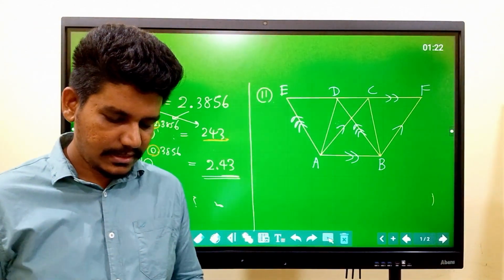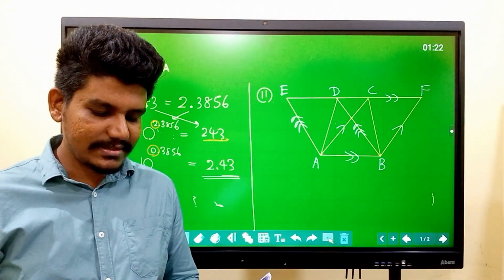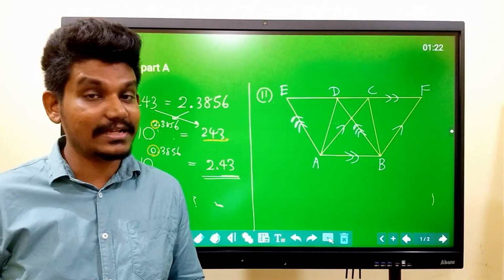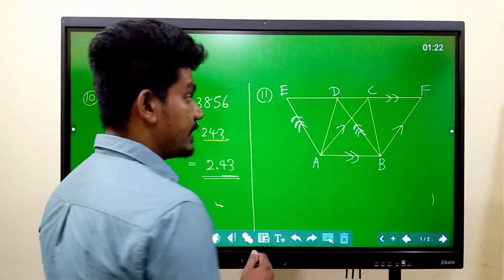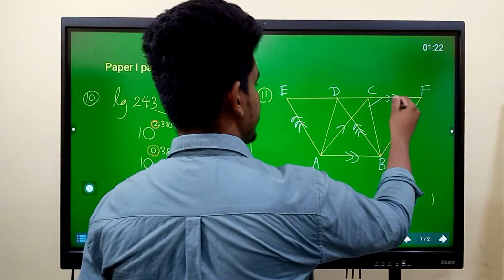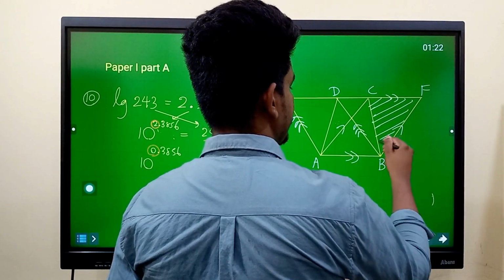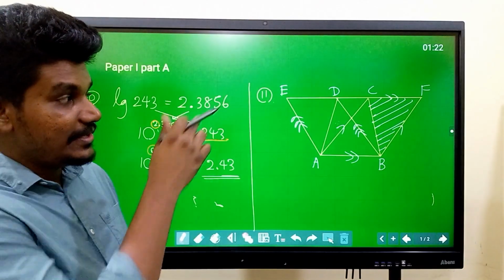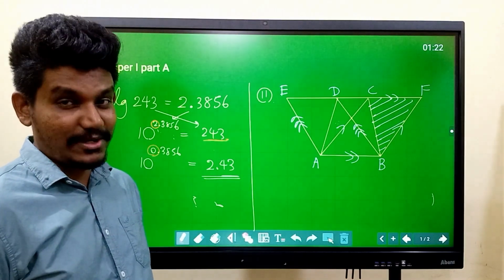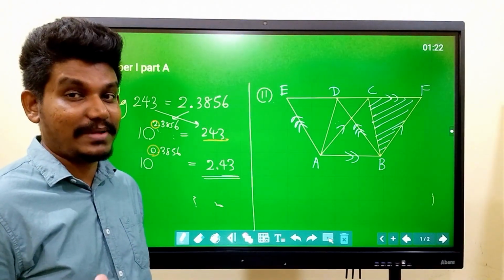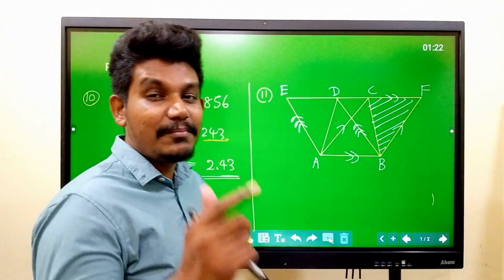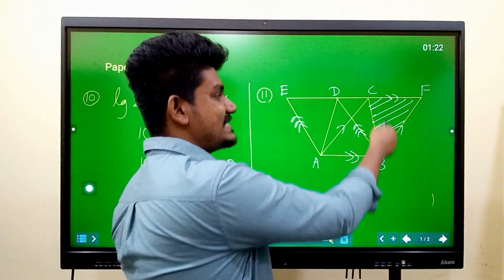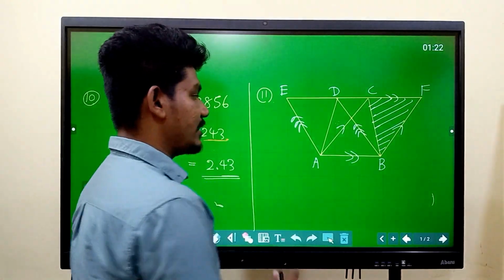Okay, then it says name 3 triangles that have the same area as triangle BFC. Let me show you the triangle BFC. This is the triangle BFC. So we have to name 3 triangles. Since it's a parallelogram, we have learned the theorem related to parallelograms. BC is a diagonal for that particular parallelogram.